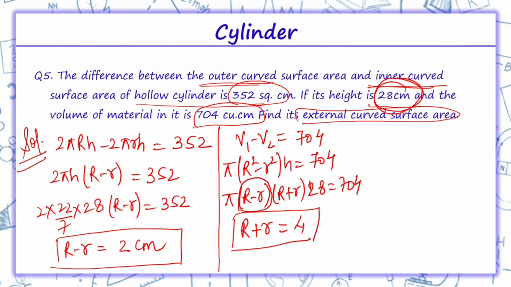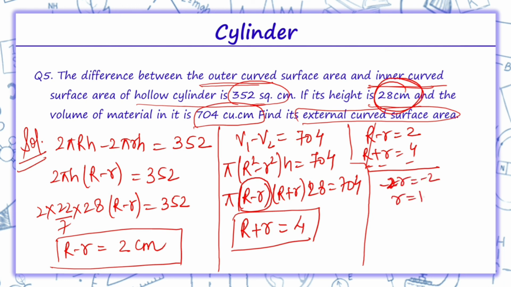Now when we solve it, R minus r is 2, and R plus r is 4. So subtracting the equations, we will get minus 2r equals minus 2, thus r equals 1. Putting r equals 1 over here, capital R we will get to be 3.